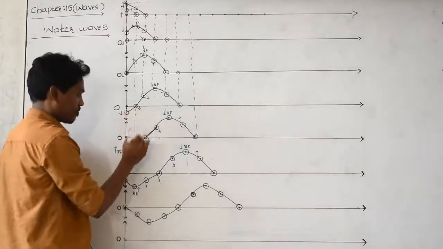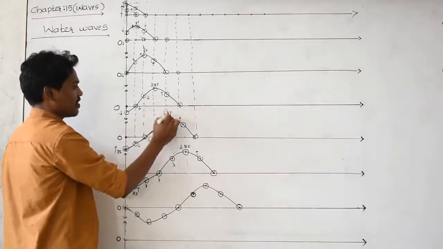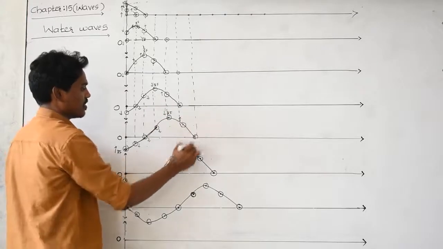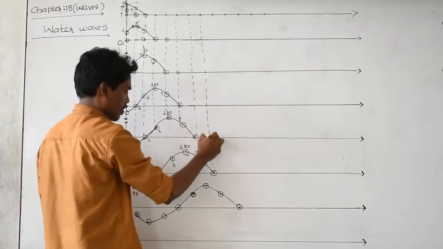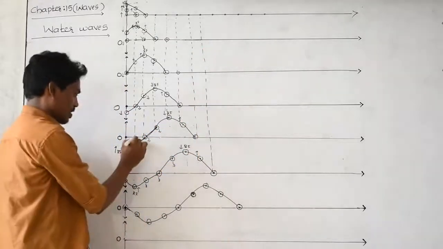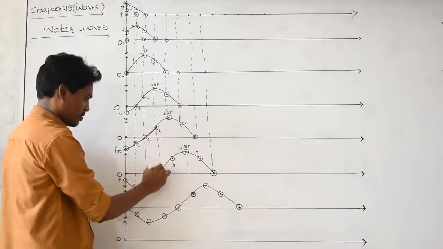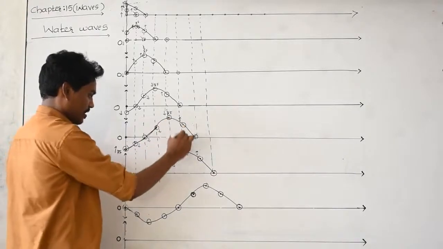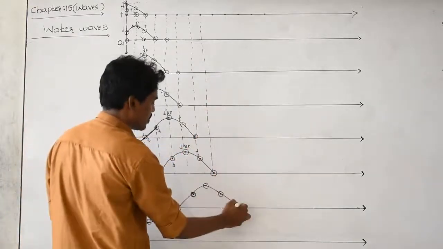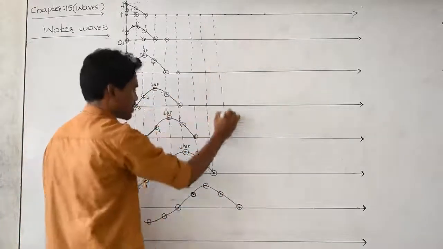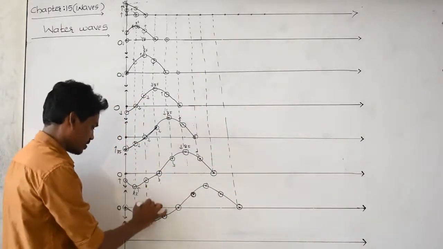Next, you practice it very carefully, and you will easily get what the nature is. And where is this particle? This is the particle. Next, this particle I have indicated: this is here, this is here, and this is here. And where is this particle? This particle is here, this is the particle, then the next particle. Next I am indicating, this is the diagram.